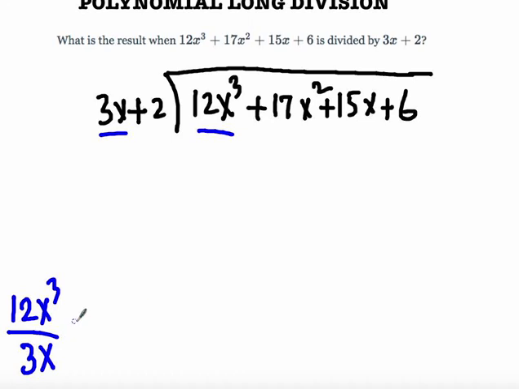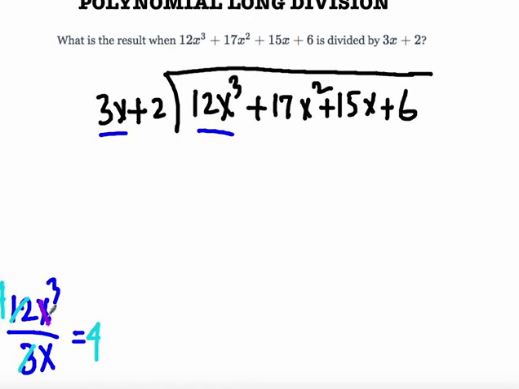Now, if we apply the laws of exponents, this is what it would be. First of all, we divide the numerical side. 12 divided by 3 will give you positive 4. And then by the laws of exponents, x is the base.